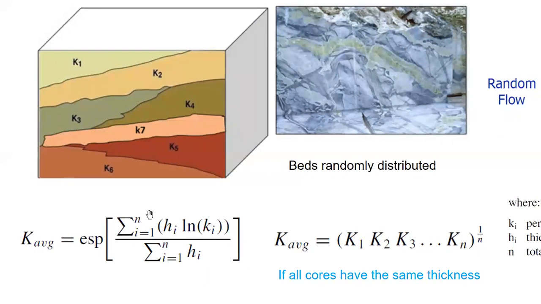First, you need to sum all the thickness multiplied by the natural logarithm of the permeability, divided by total thickness, and then we take the exponent. So this is not ESP, but EXP, exponent.